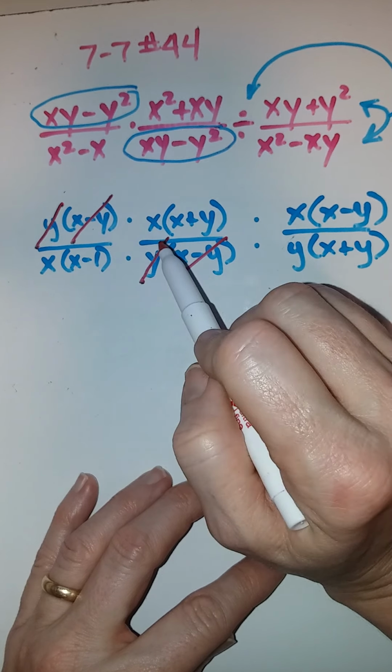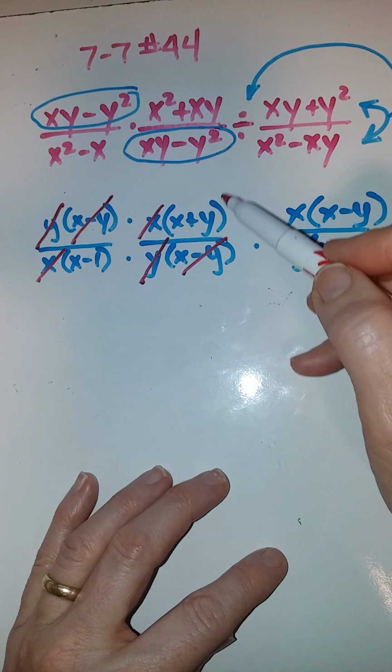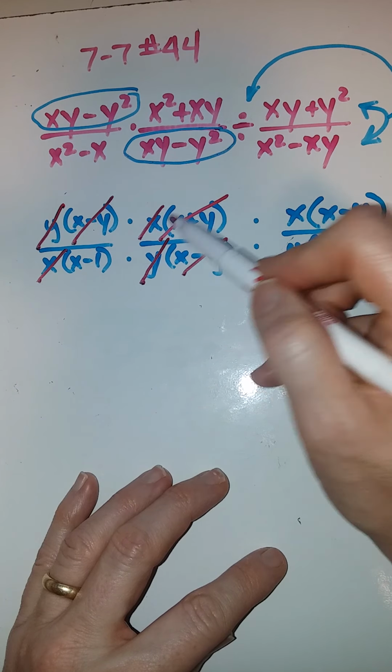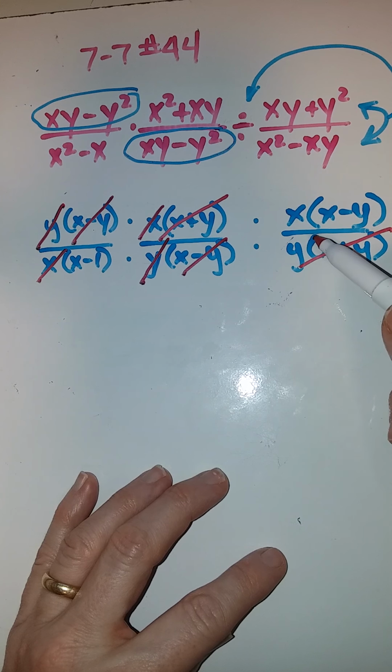We see an x and an x. We see x plus y, and we see it down here, so yes, we can get rid of them too. And then do we see anything else? We don't have any more x's all by themselves. This is all exactly the same.